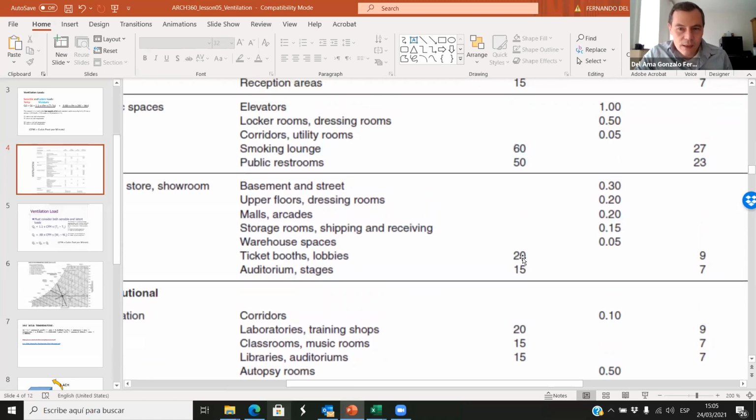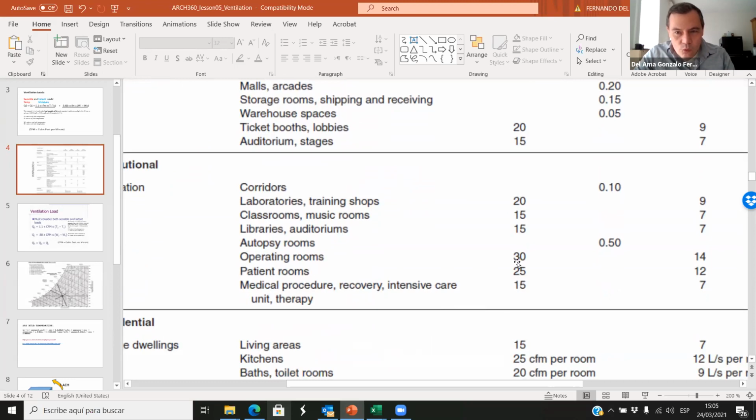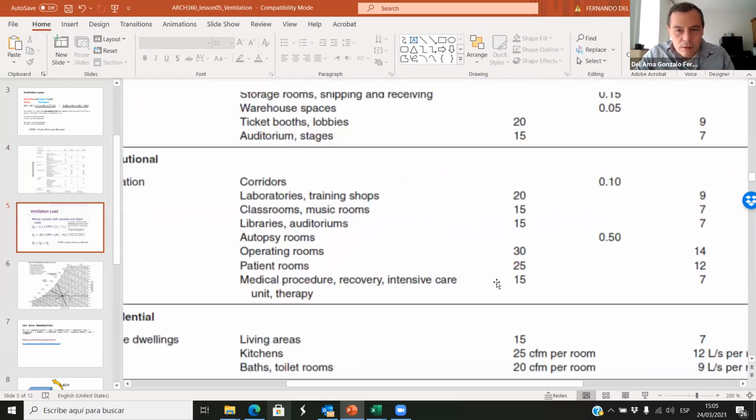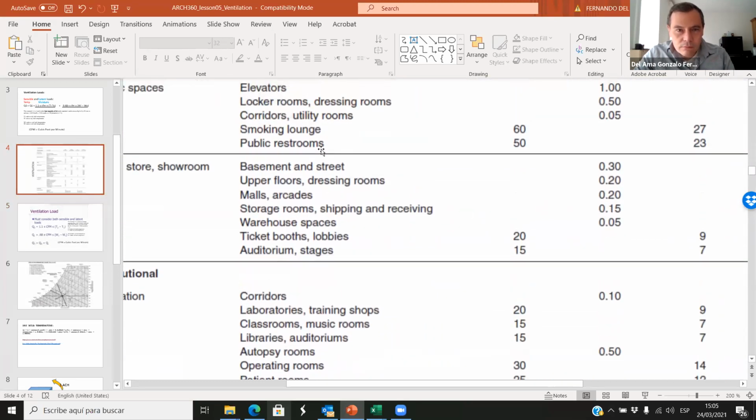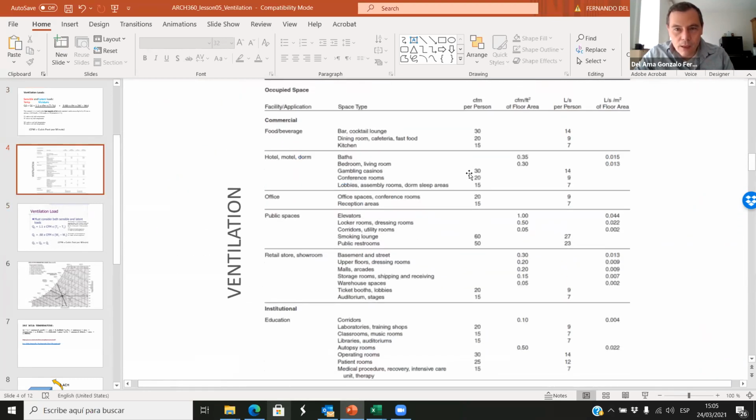So if we are using 20, it's good for the 15. When we have 15, we can use 20, that's fine. If we have to use 60 and we use 20, that's a big mistake. But other than operating rooms, public restrooms, and smoking lounges, if we use 20, it's fine. 20 CFM per person.